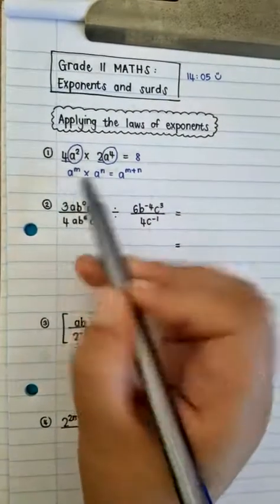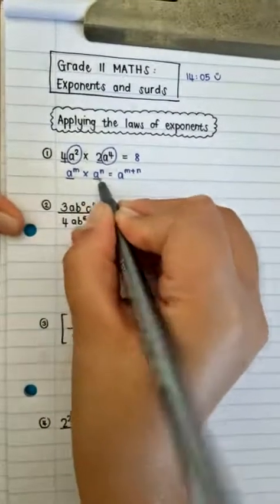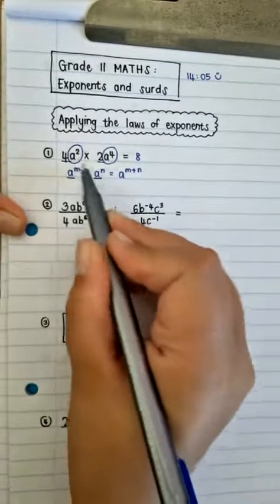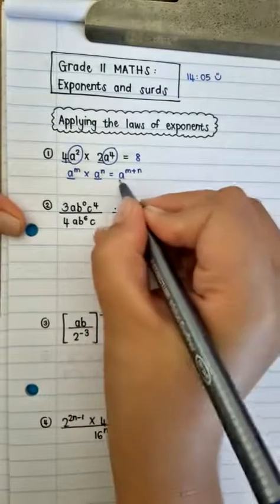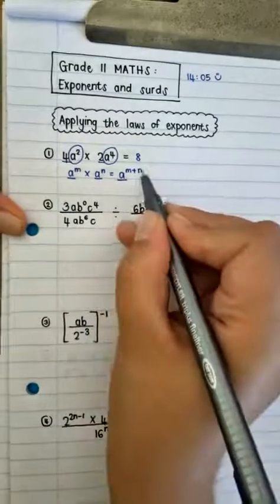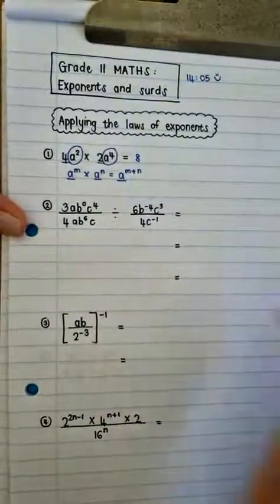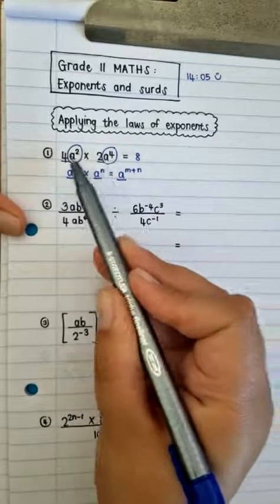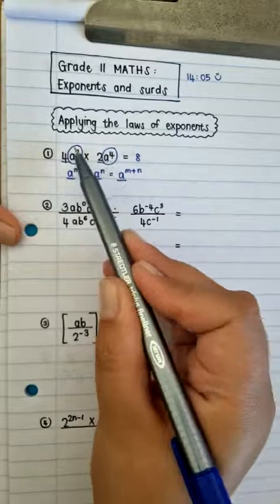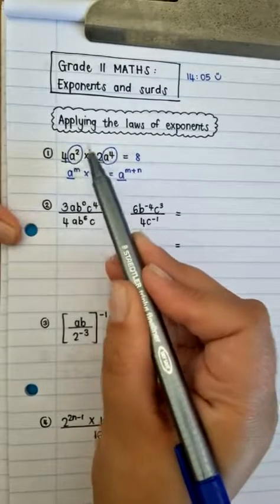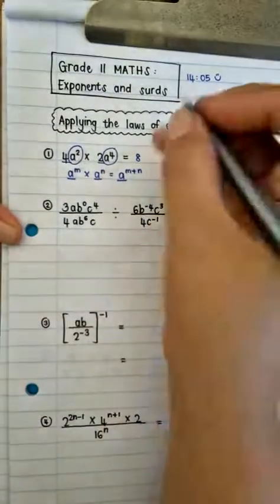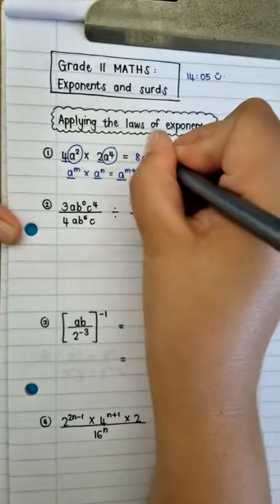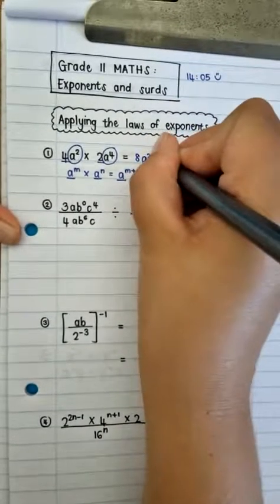So if you have the same base and you are multiplying these powers together, then your answer has the same base again, and then you just add those exponents together. So we see that we have that happening over here. We have the same base, a base of a and another base of a. We are going to add these exponents together. So we are going to say a to the power of, and you don't have to write this.